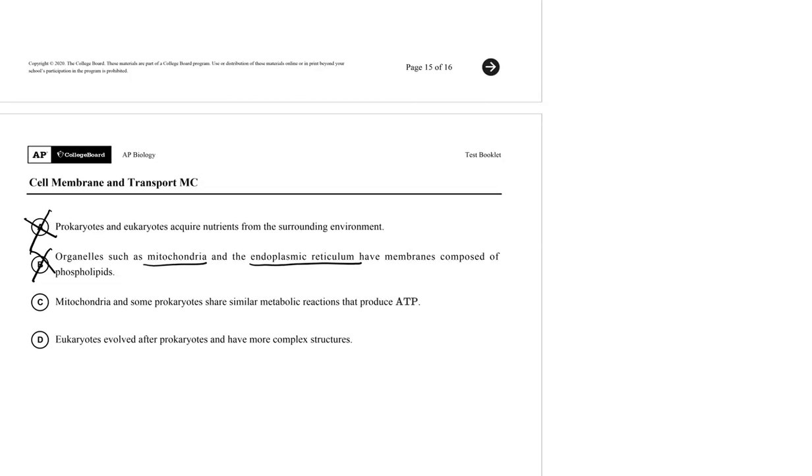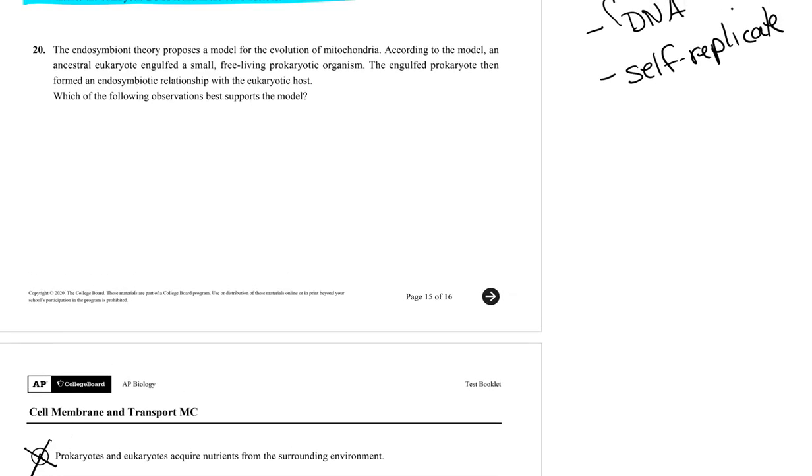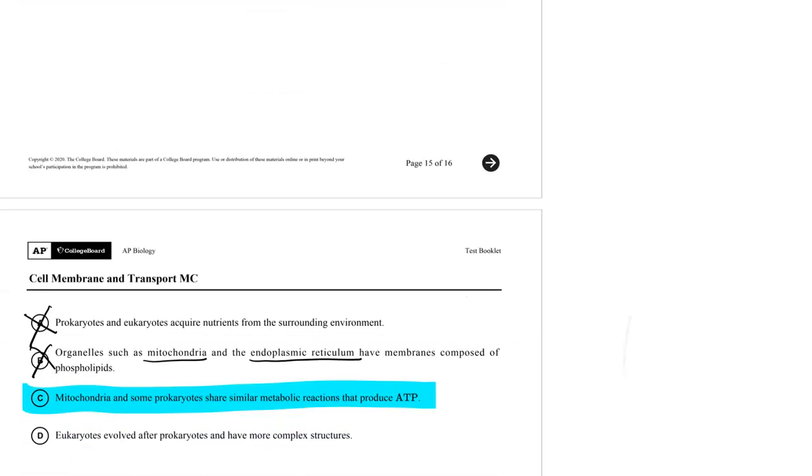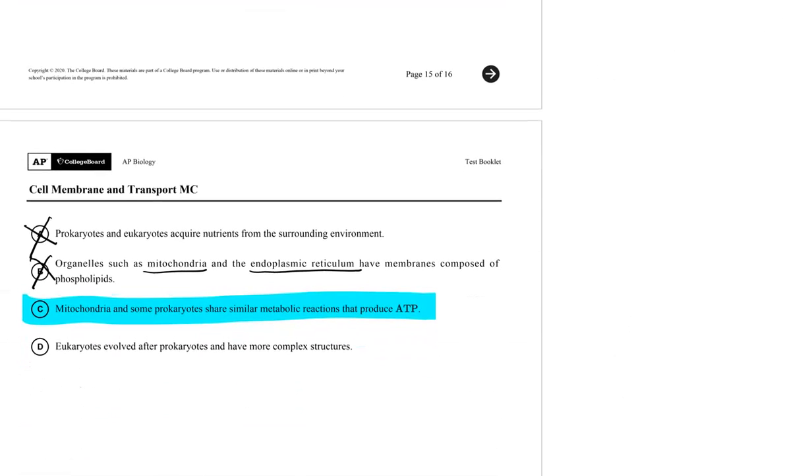Yep, so that is the correct answer right there. And if you think about it, if we're trying to prove this endosymbiotic relationship, we want to show that there's some similarity between them. Okay? So the mitochondria and some prokaryotes share a similar process to make ATP.